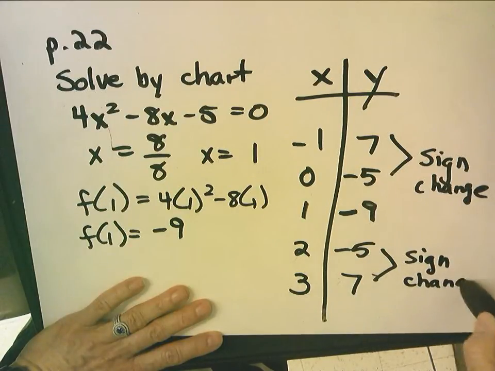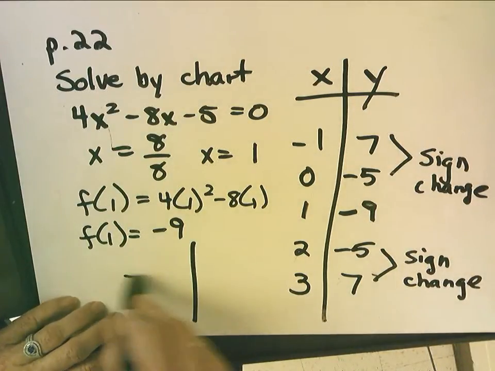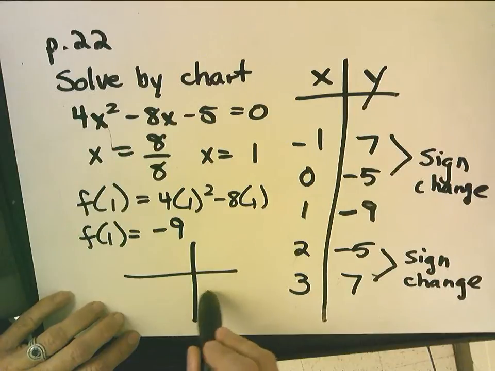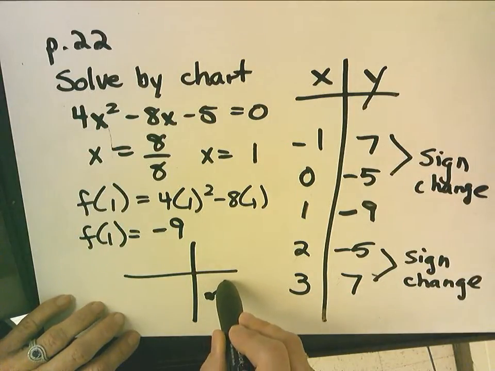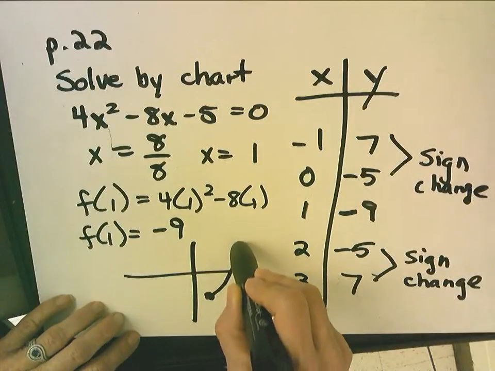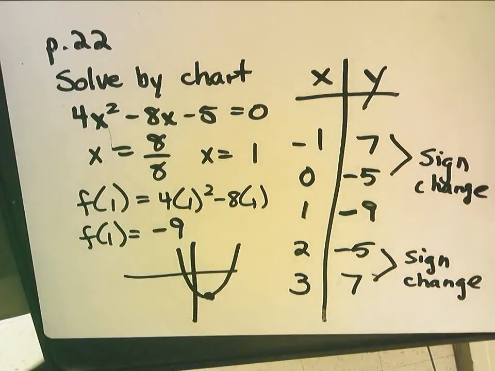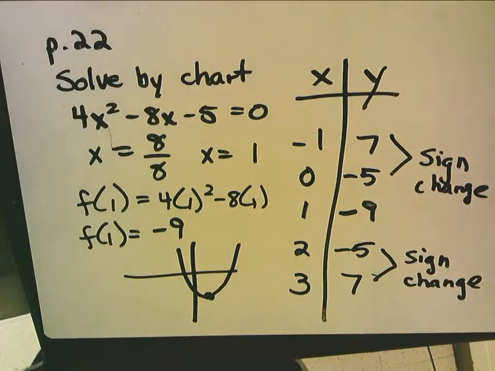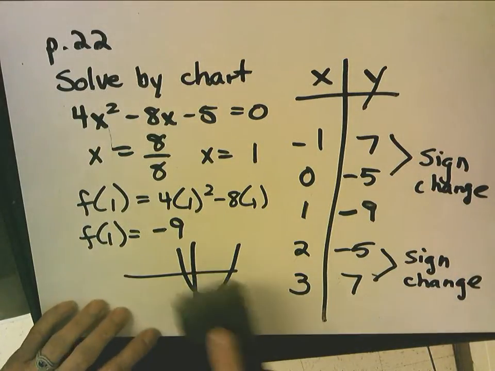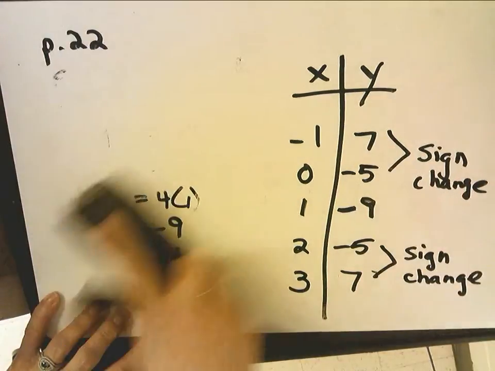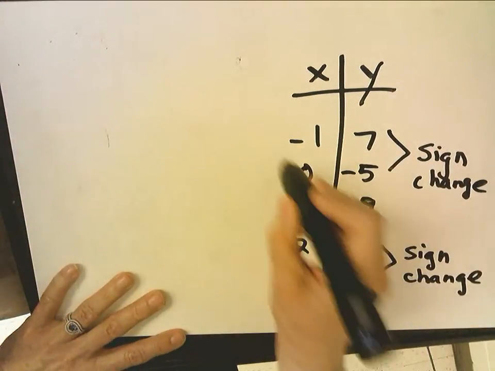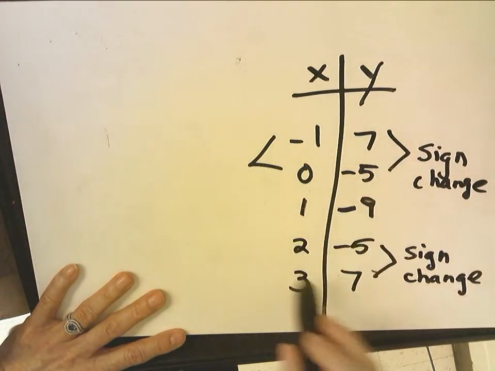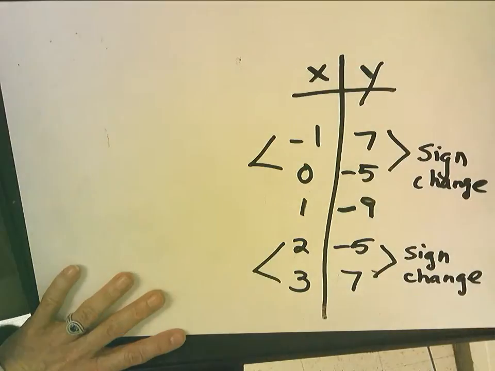That means my graph had a vertex that started below the x-axis. My y value was negative, negative, negative, and then it became positive. And that means it crossed the x-axis. Where did it cross the x-axis? It crossed in between 0 and negative 1 and in between 2 and 3.